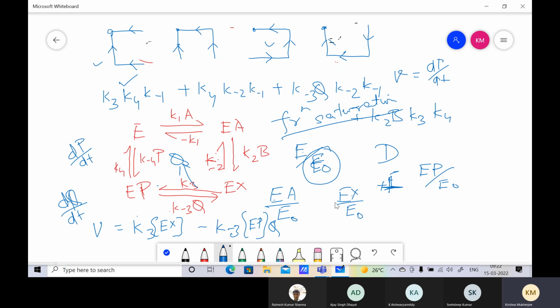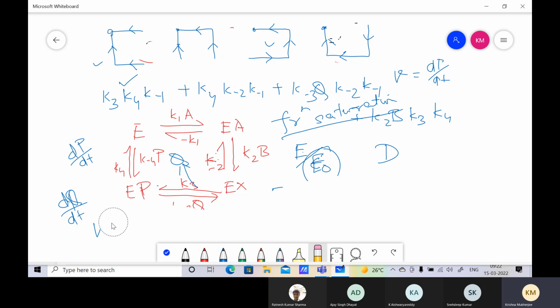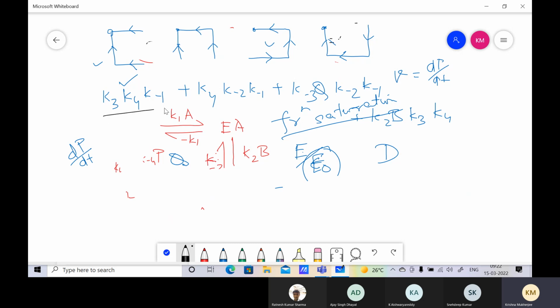What you are interested in is not some complicated procedure, but the shape of the reaction. Because you do not know K1, K2, K3, K4, you cannot find out these things. You are interested in these as lumped parameters.